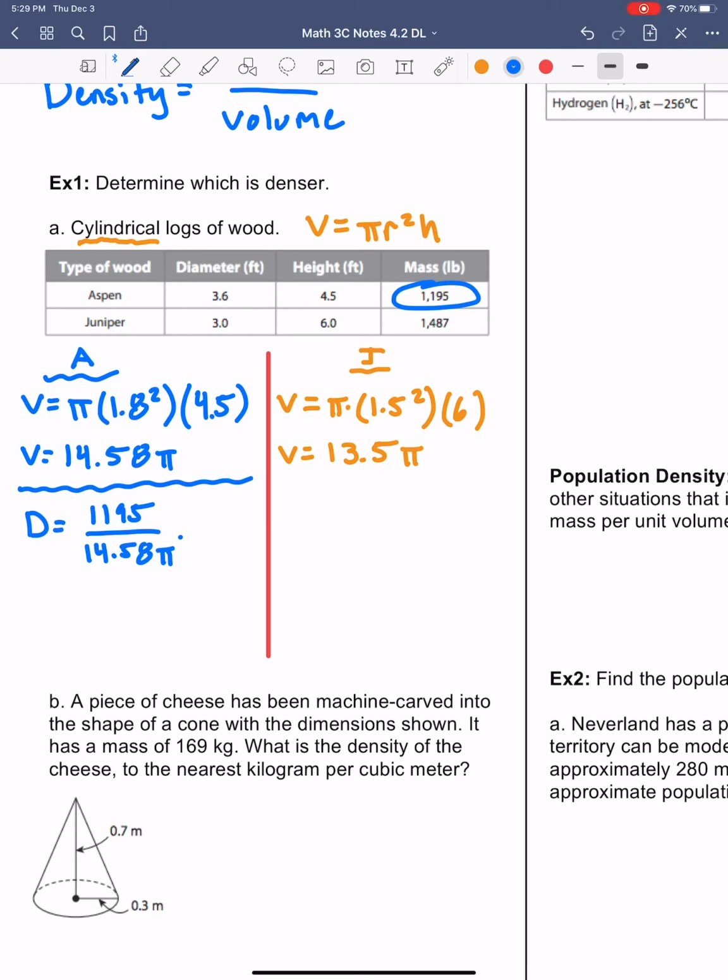If you're punching this into your calculator, make sure that you put the denominator in parentheses there, and that's going to give me approximately 26.09, and the unit is going to be pounds per cubic foot. Okay, and that's because we are dealing with pounds and we're dealing with feet.